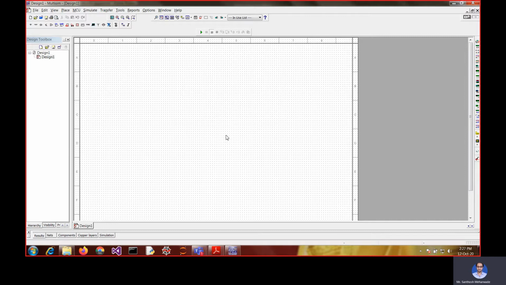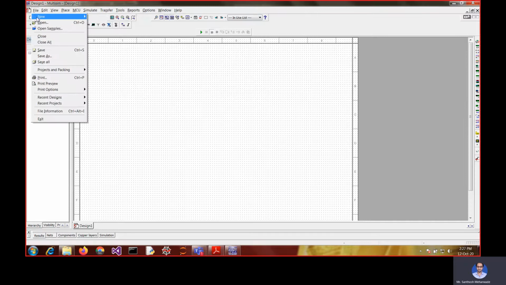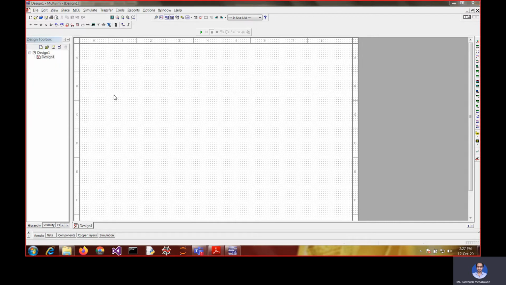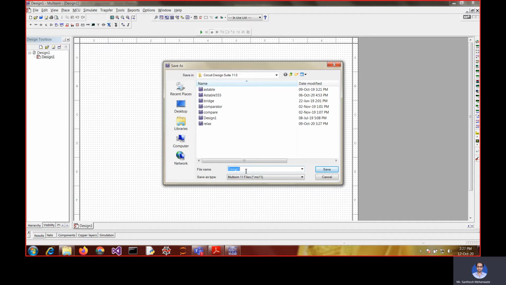What we can observe is our design sheet, or we can say a workspace sheet. Before going for any operations, first go for Save As. Go to File, click on Save As, and save with an appropriate name. Here I am going to save it as relax with 741 IC.